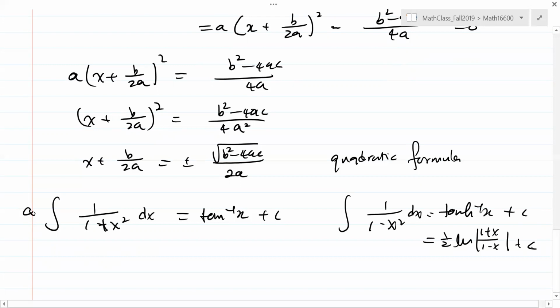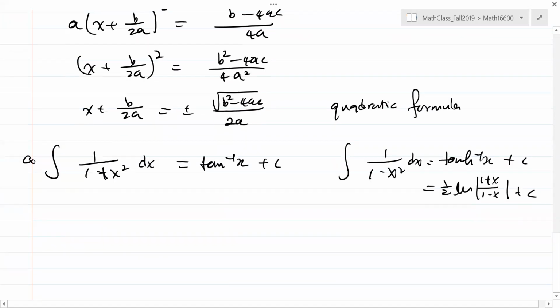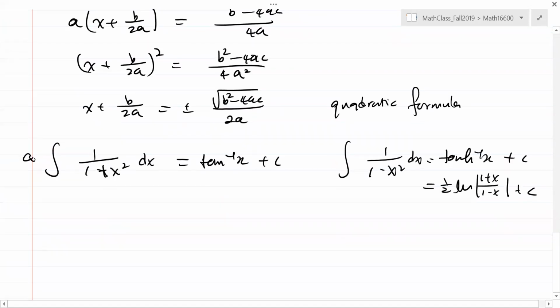All right, so those are the two basic integrals. If you know that, then you can evaluate the integral of any quadratic function. I just randomly write down the problem, like 1 over x squared plus 4x plus 6 dx, okay?